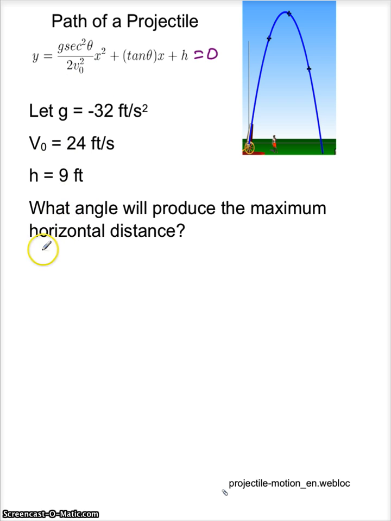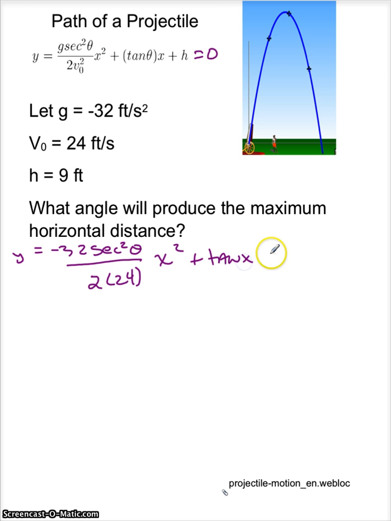I'm going to go and put my numbers in. So y is -32 secant squared theta divided by 2 times 24, and this is all by x squared, plus tan theta times x plus 9, and this equals 0.